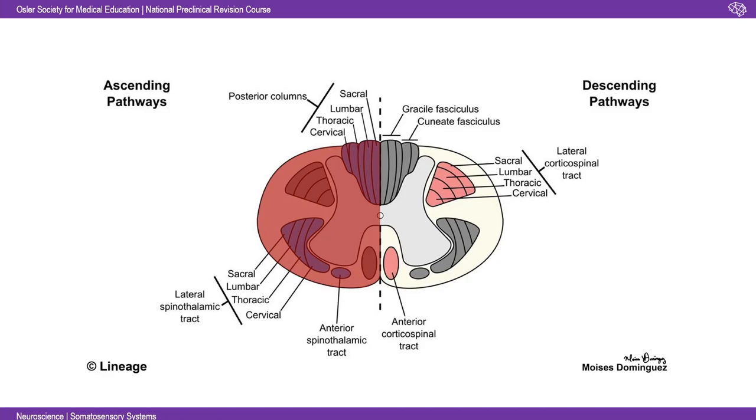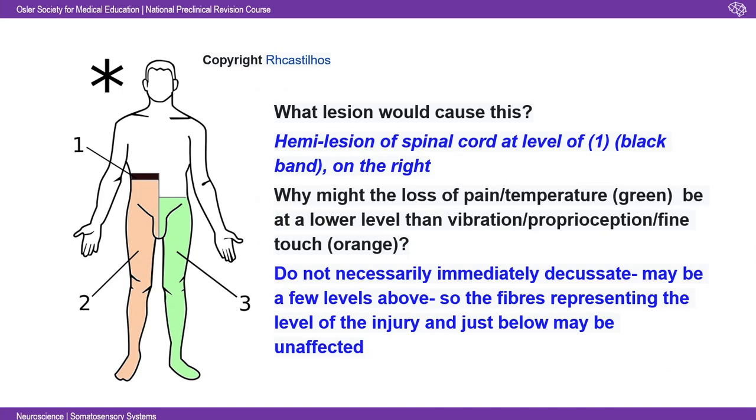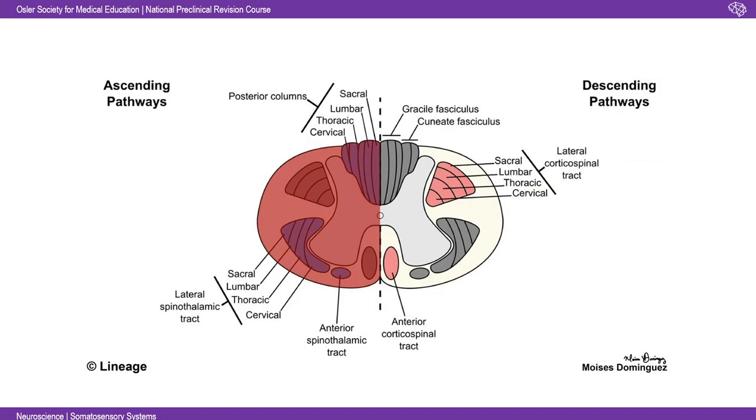This would be the lesion that's caused this clinical picture. If you just imagine that the neurons representing the little white square at the level on the other side that still has sensory function would still be on this side, so they haven't yet entered here and decussated.